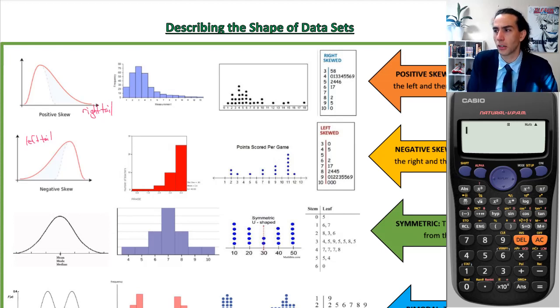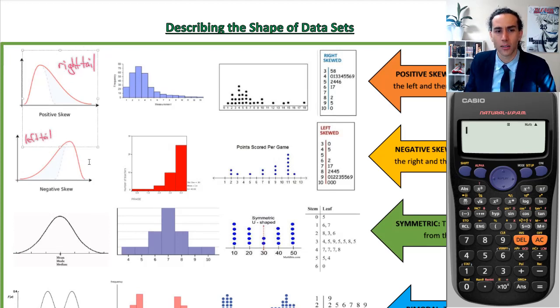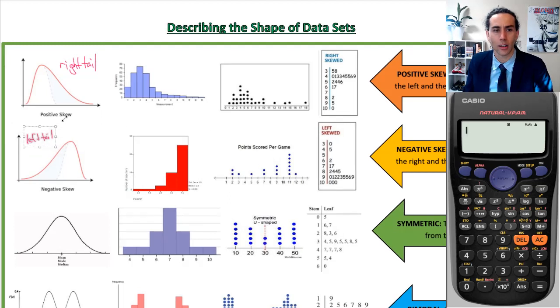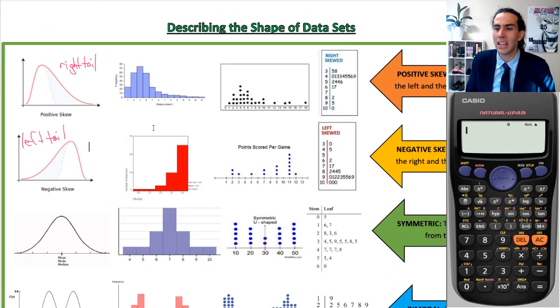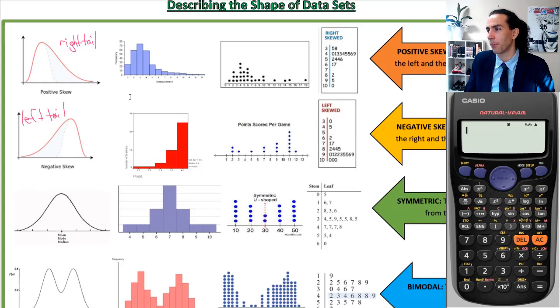So tail. Make that bigger. And if it's even either side, then it's symmetric data. Evenly dispersed. And the last one, gotta scroll down.